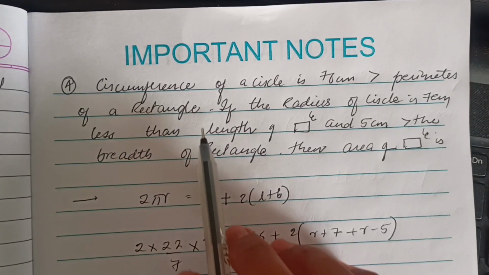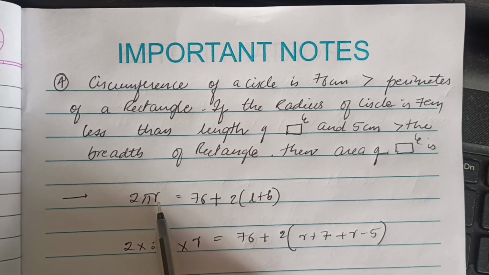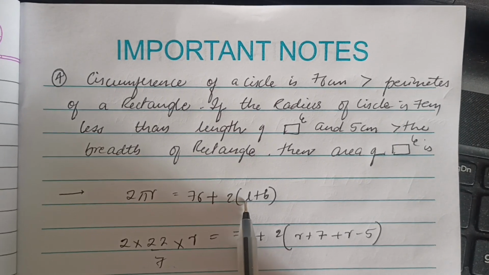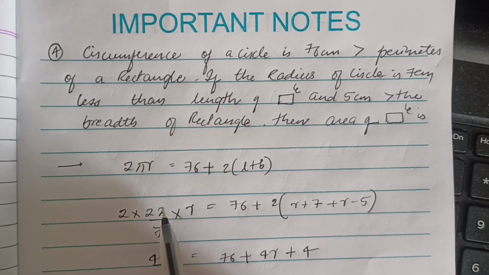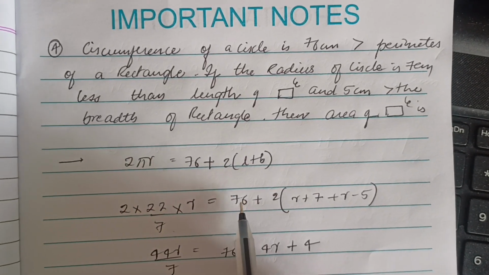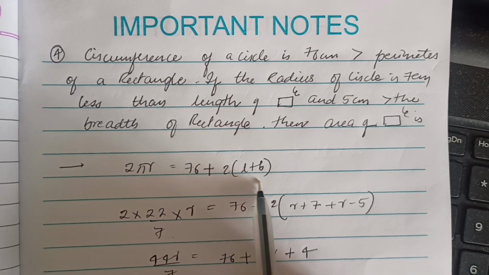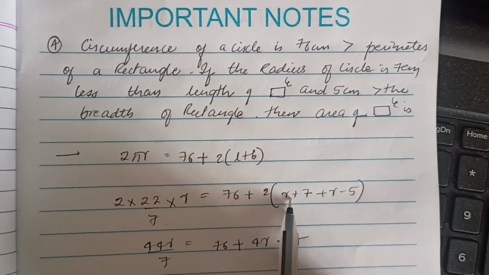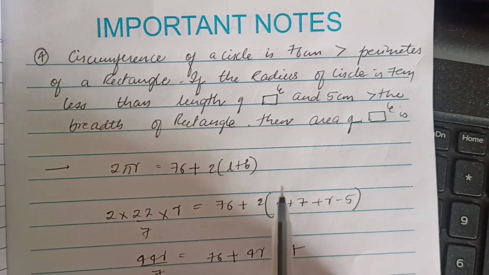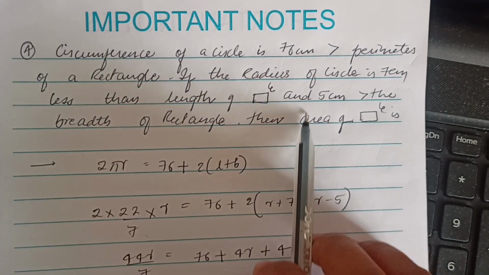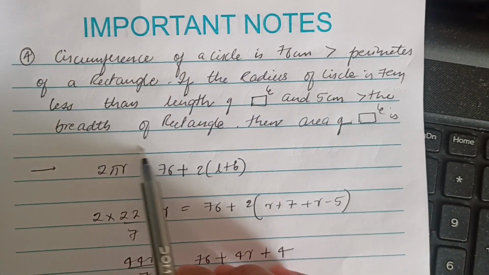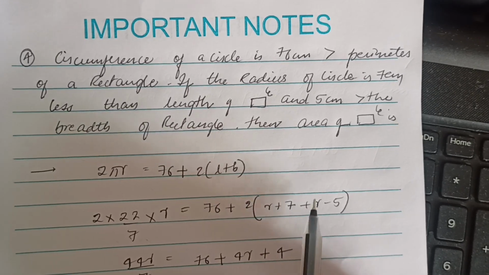So here, according to the data, the circumference of the circle, that is 2 pi r, will be equal to 76 plus the perimeter of the rectangle, that is 2 into L plus B. So 2 into 22 divided by 7 into R will be equal to 76 plus 2 into, instead of writing L, I will write R plus 7, because in the question they have mentioned that the length will be 7 more than the radius, and also that the radius is 5 centimeter more than the breadth, meaning B will be R minus 5.